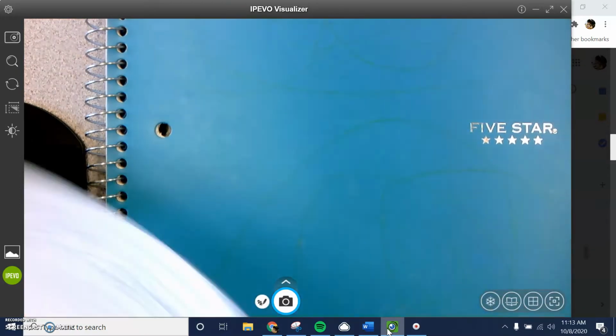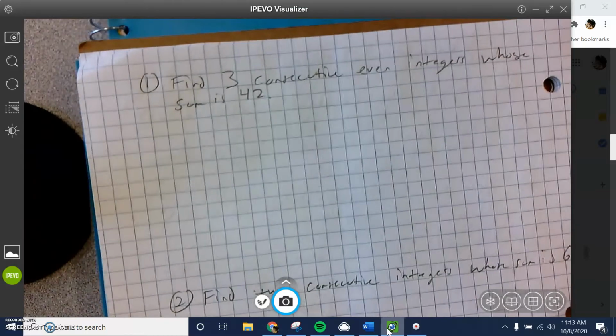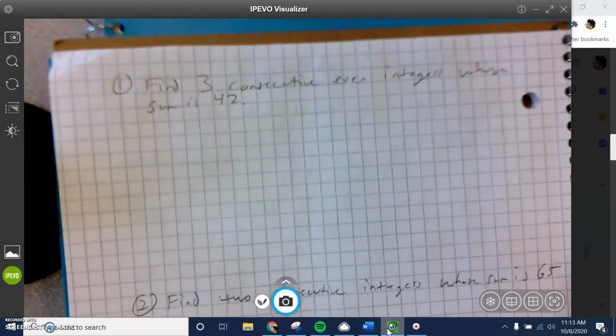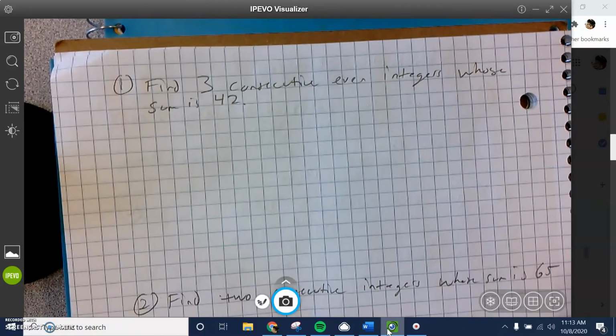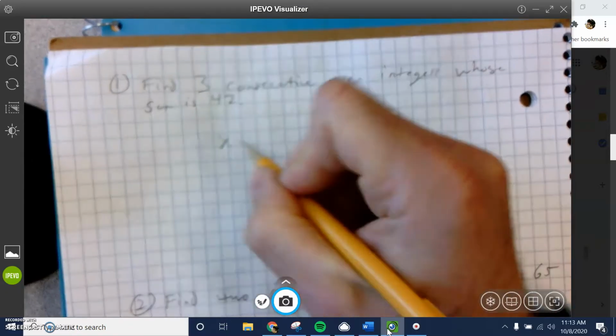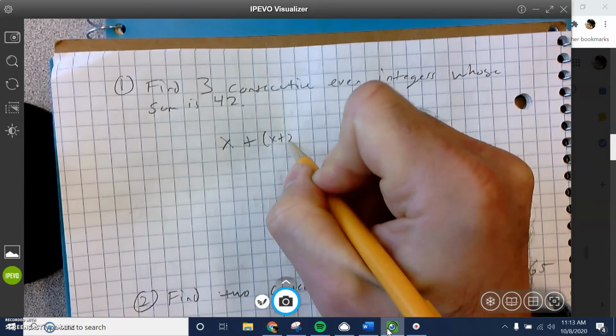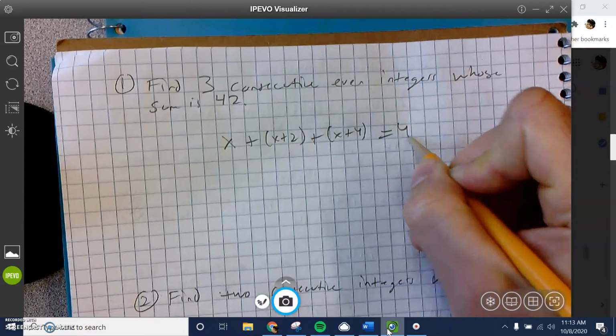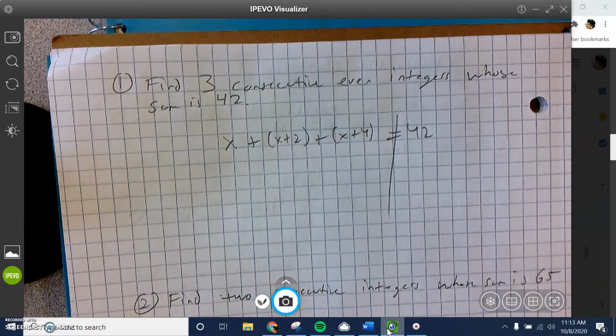This is what you're going to do. I want 3 consecutive even integers whose sum is 42. Go. All right, let's try it. So even integers, that would be x plus x plus 2 plus x plus 4 equals 42. That's your setup.